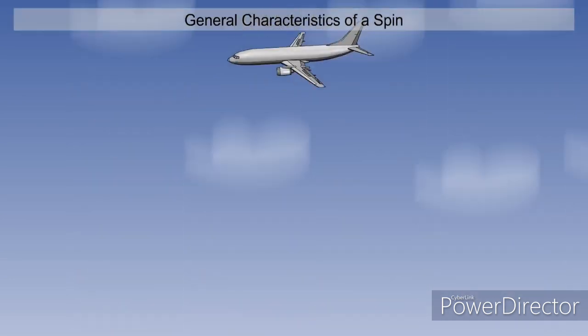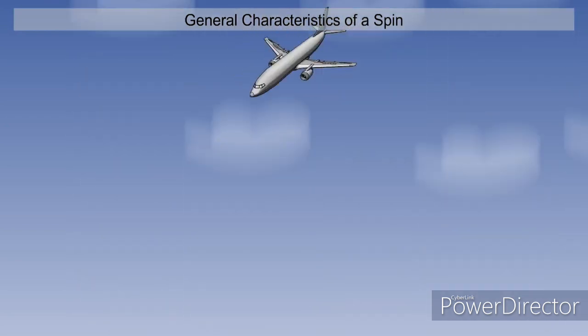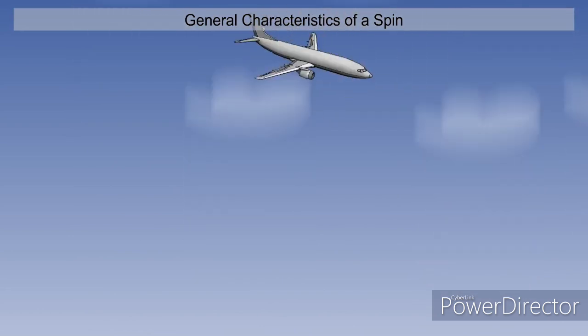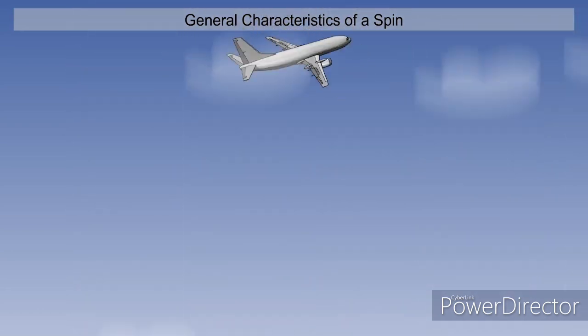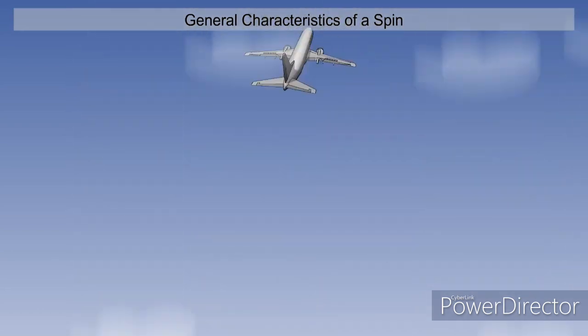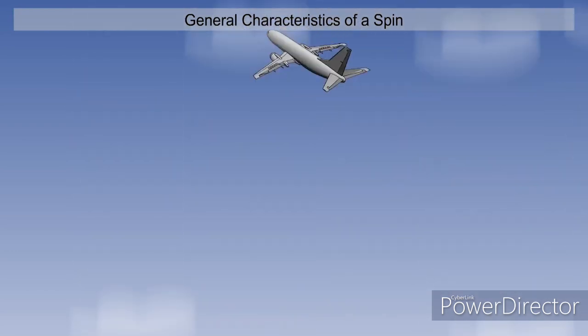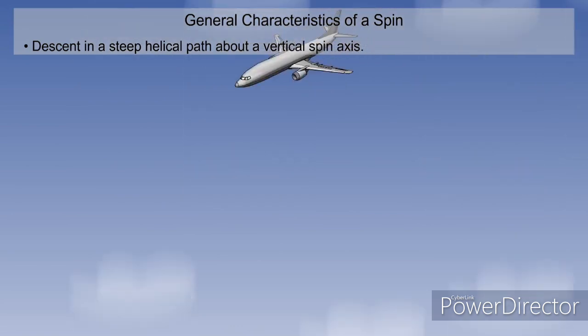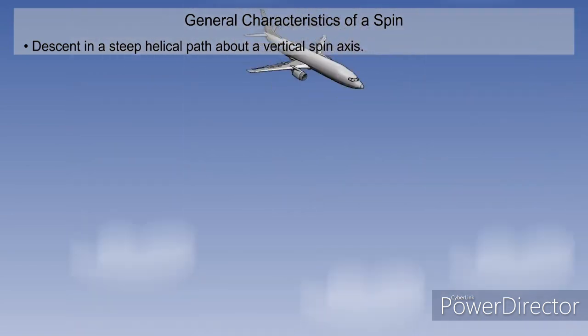When an aircraft is stalled, either inadvertently or deliberately, the motion of the aircraft may, in certain circumstances, develop into a spin. The important general characteristics of a spin are as follows. The aircraft is descending in a steep helical path about a vertical spin axis.